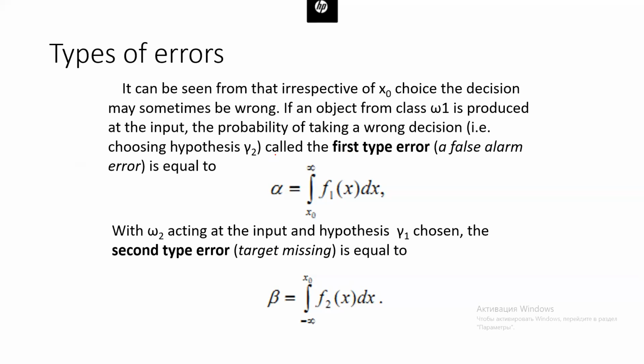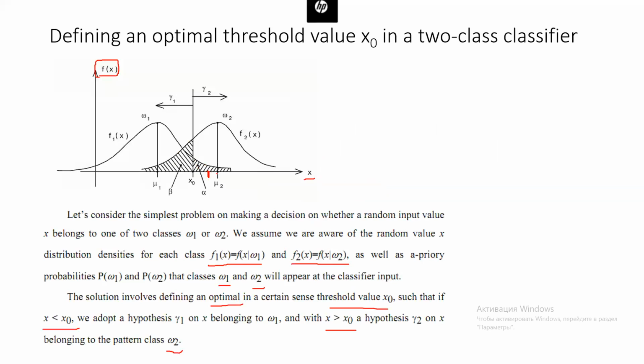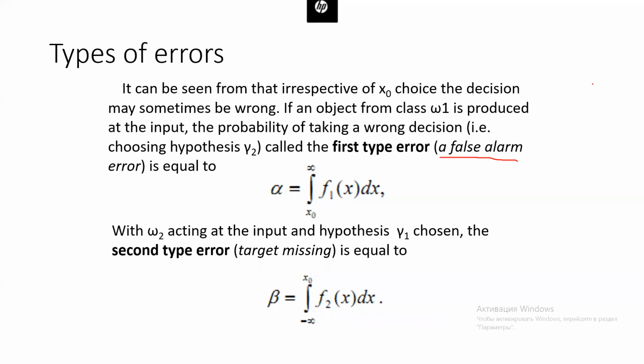The first alpha area is called the first type error or false alarm, and the value of this error is equal to the area under the curve, so it's like an integral value that you may calculate if you know the distribution.